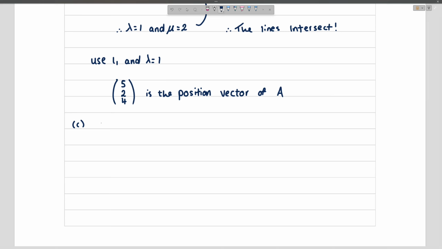So the helicopters pass through the same point, but not necessarily at the same time.